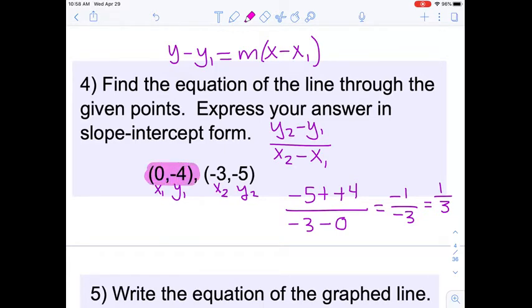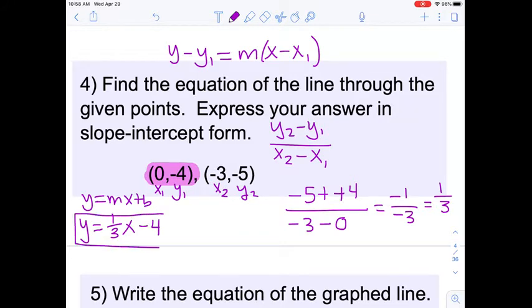But looking at our points, this point is already the y-intercept. 0, -4 is the y-intercept. We know that because that's where the graph is going to cross the y-axis. So I can just write out my equation, y equals mx plus b. M is my slope, so I have 1/3 x. And then my y-intercept is -4. And there is my equation.